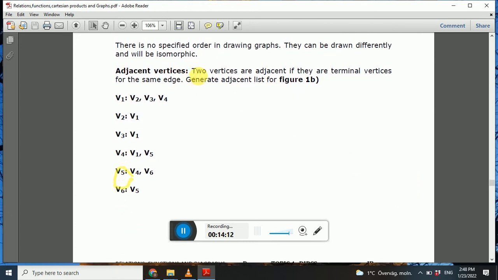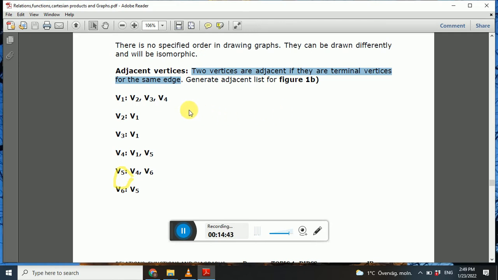Adjacent vertices. When do we say that two vertices in a graph are adjacent? So we say that two vertices in a graph are adjacent if they are connected by an edge. And that can be said this way, that two vertices are adjacent if they are terminal vertices for the same edge. Like you have an edge, and then at the ends of that edge, there is a vertex.